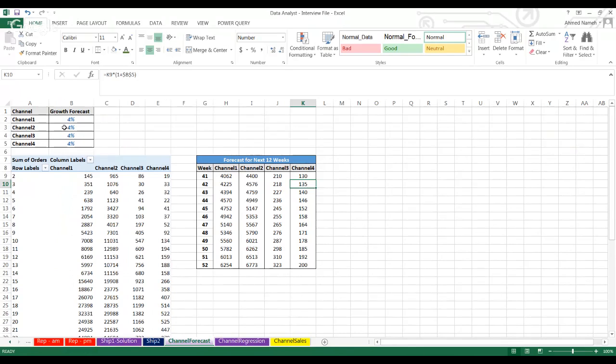For example, if you were to change that growth from 4% to 6% for channel 2, the numbers would change accordingly, and they would begin to follow a different pattern. Overall, based on the information that was provided, I felt that the method used for channel 1 should be applied for channels 2, 3, and 4 to construct a 12-week forecast.